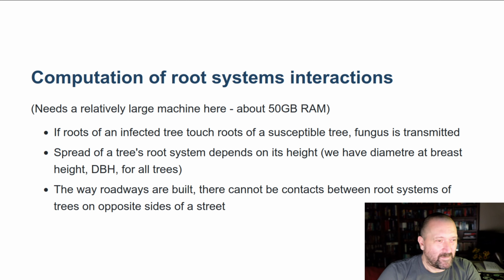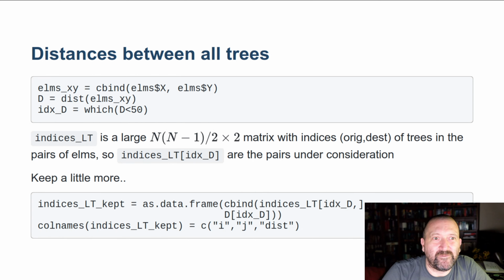And so we wanted to make a simulation model that would allow us to look at these interactions. And to do so, we thought, okay, we have a location of 50,000 trees. We're going to look at this, but we also need to be able to say there's no interaction. So how do you do that? It's actually quite simple.